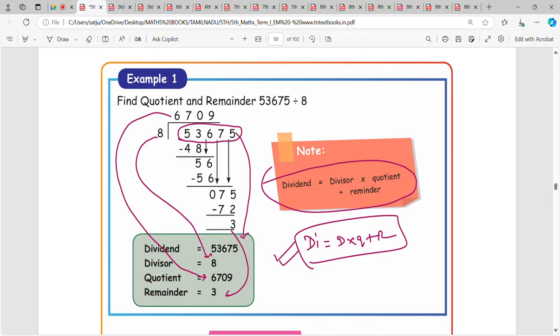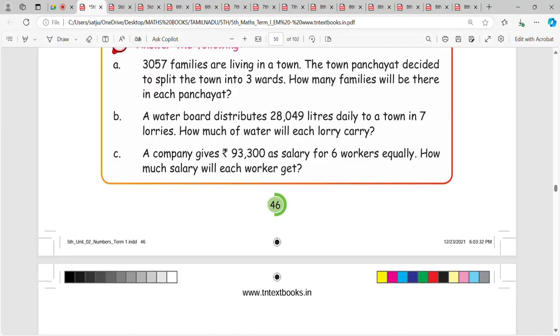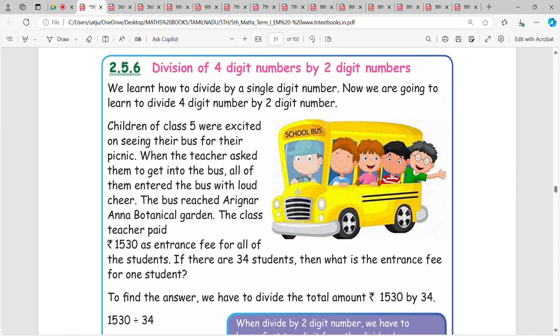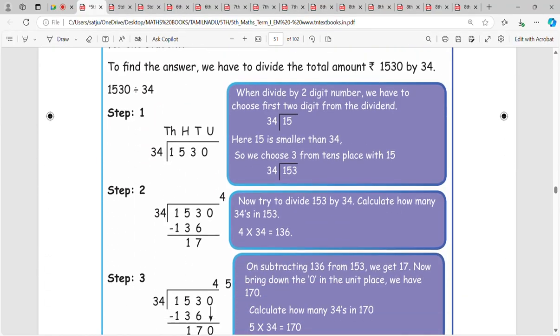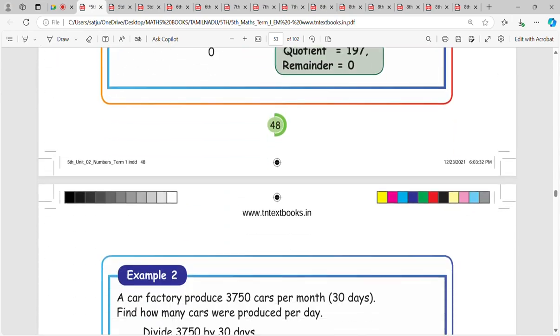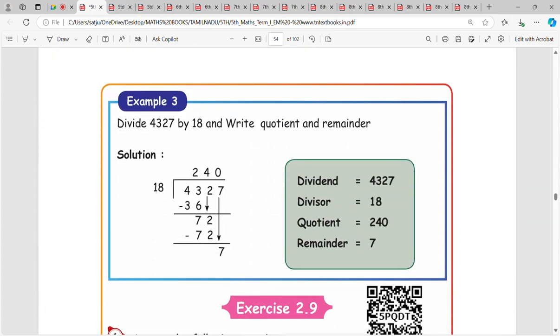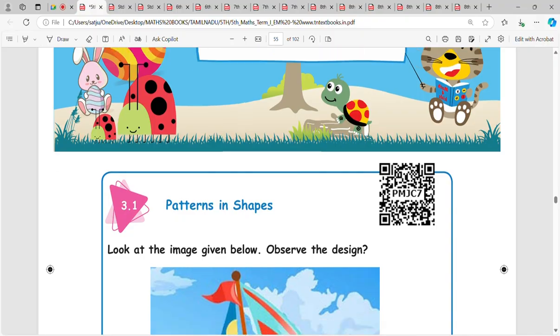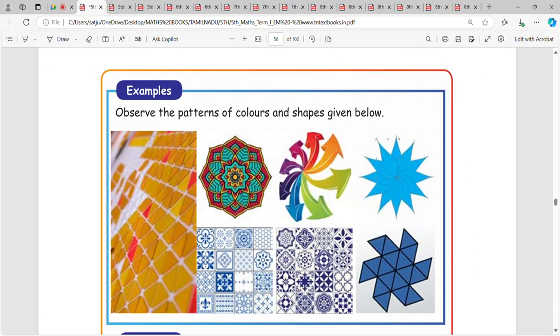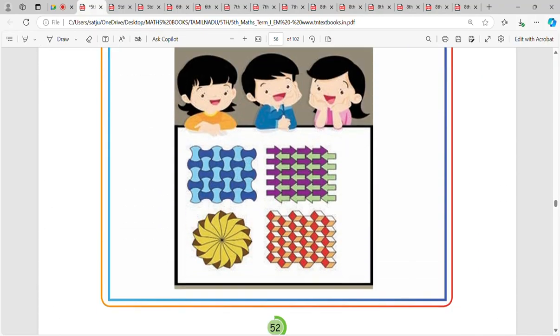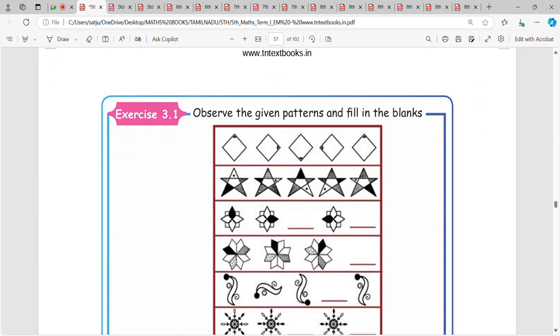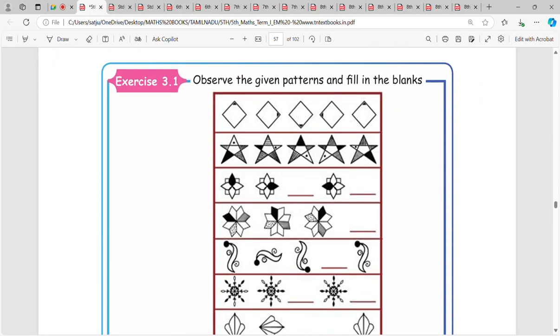Next, division of a 4-digit number by a 2-digit number is all not required. It is normal division only, which you all know. Next, this pattern is not required. During the reasoning part, you know this kind of pattern, rotating this one.